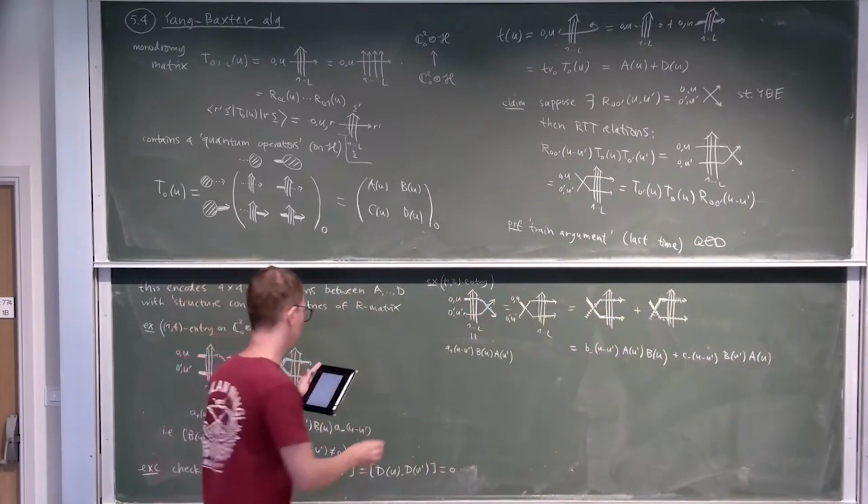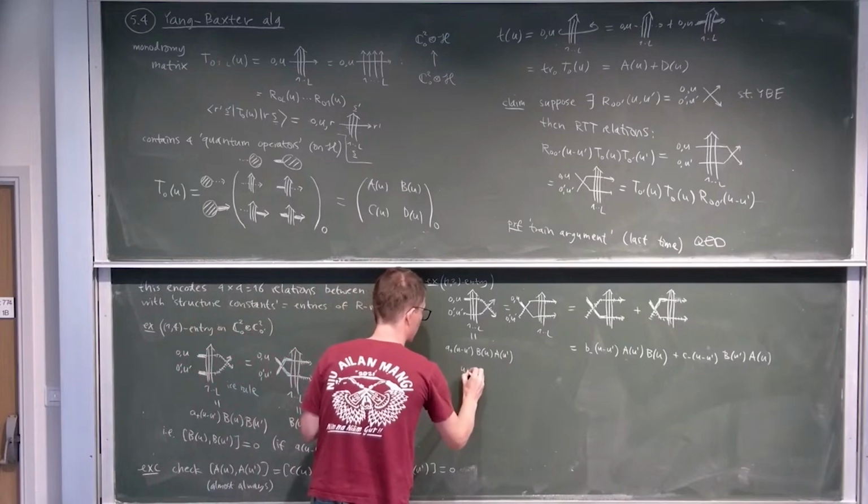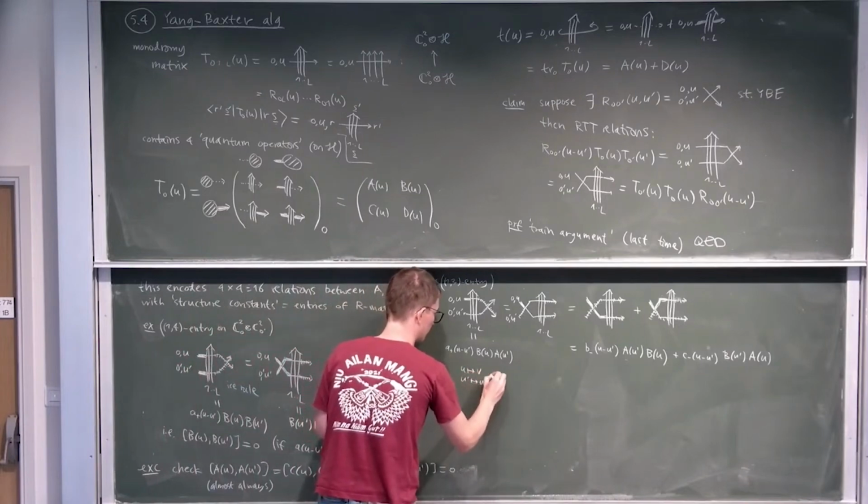So let's clean up our notation a tiny little bit. So let me replace u by v and u prime by u.